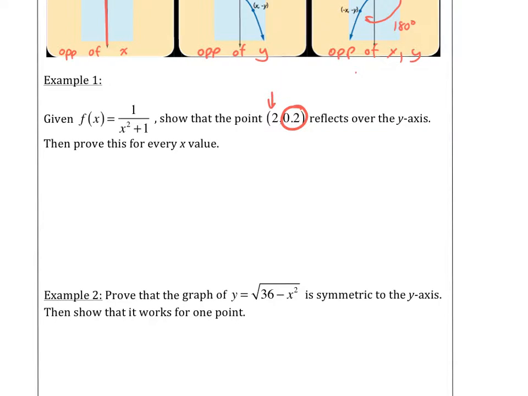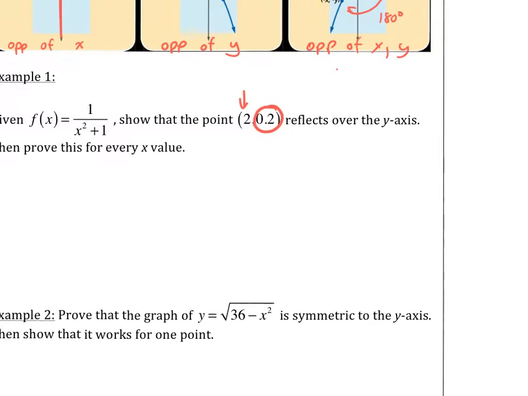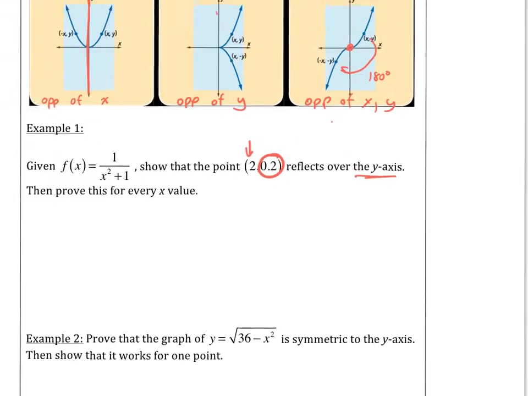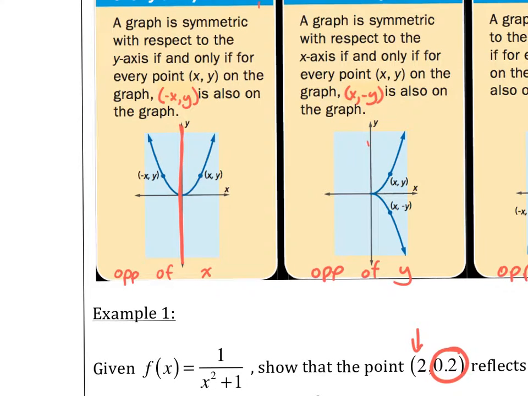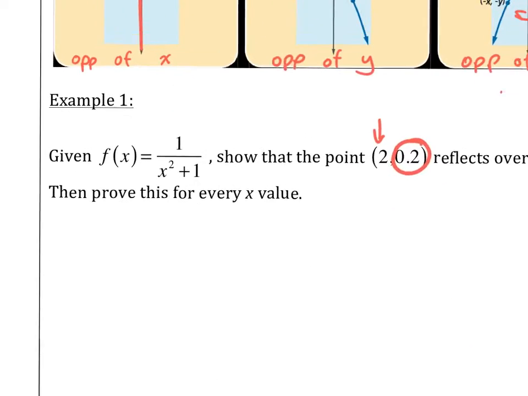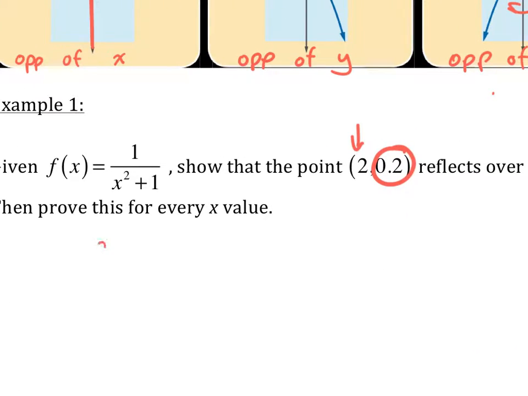When I put in a 2, out comes 2/10. So now what we're saying is, if we're going to reflect over the y-axis, that means I should be able to put in the opposite of x and get the same y. So I'm going to say, well, what is f of negative 2? When I evaluate this at f of negative 2, my expectation is the output should be the same.